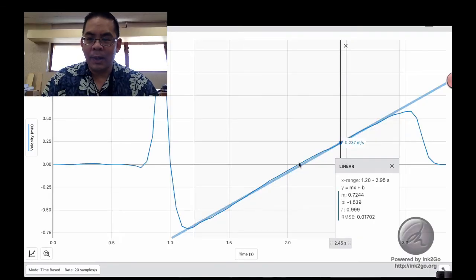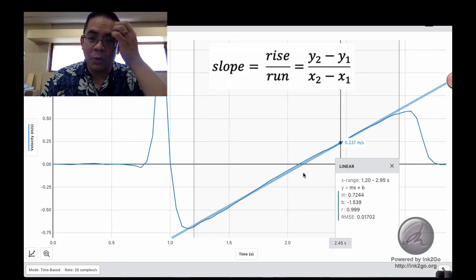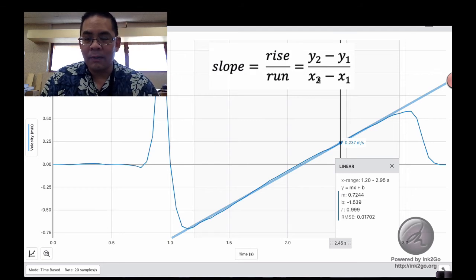Now some of you are probably wondering, how do I calculate the slope of this segment over here? Remember, we can determine the velocities at given times using the data on there. All you need to use is your slope equation, which is rise over run, which is y2 minus y1. The y's, of course, are all velocities. And the run is x2 minus x1, which is the time. Just subtract those times and subtract your velocities, and you should get a positive slope there.